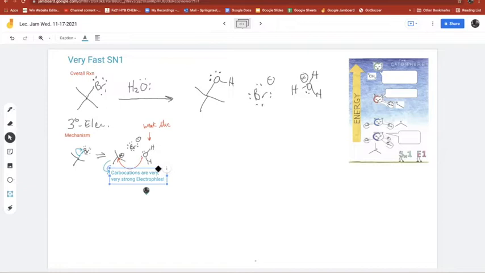So the way you think of it is this water, which is a weak nucleophile, has to wait around for the carbocation to form. Then when it forms, boom, it gets drawn in fast. But let's also remember this first step was the unimolecular rate determining step. This next step is much faster.